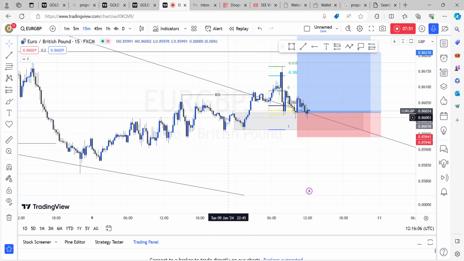All right, before we have this impulse to the upside, the price actually tried to move from this point to the upside, but it couldn't, whereby the price made a kind of movement to the downside to break this low, and couldn't break the low as the price moved to the upside.